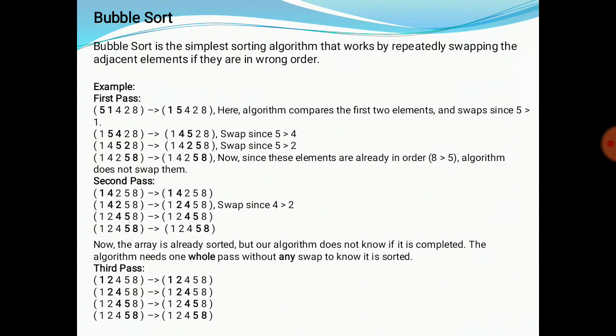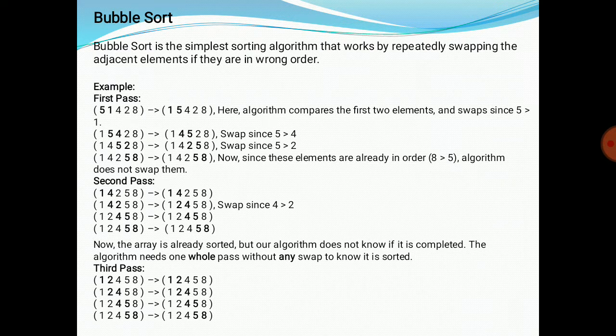But now 5 is not greater than 8, so they will not be swapped. Now the last element is reached. So after the completion of this first pass, the largest element within the array list, that is 8, is placed at the last location in the array.